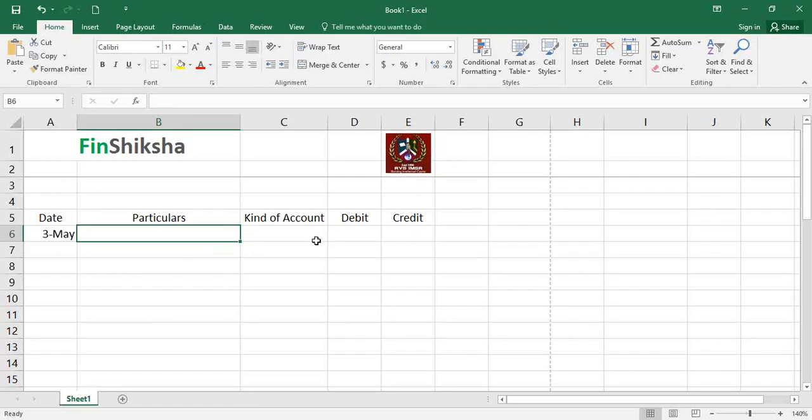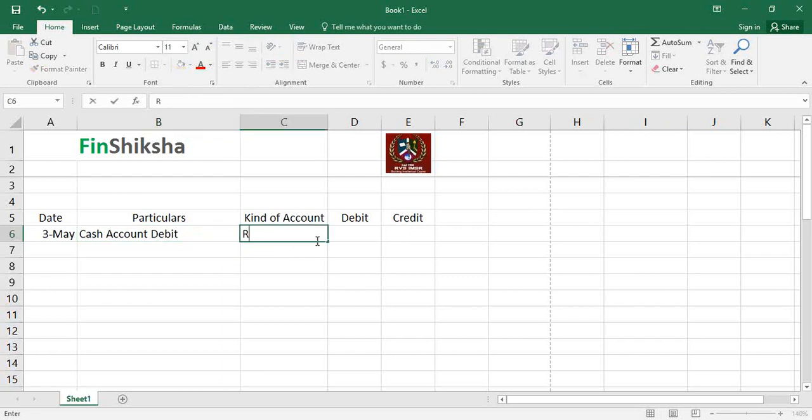So what is going to be debited? We're going to put in cash account debit. Why debit? Because cash is a real account, and what comes in is debited. To capital account, person A capital account, we can name it anything.